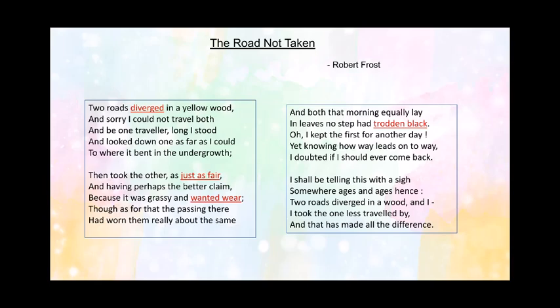But he was doubtful and he felt that it was perhaps preferable as it seemed like it hadn't been walked. That means not many people had walked on the road which he had decided to walk on. But still it was grassy and it didn't look worn down. It didn't look as if many people walked on that road.